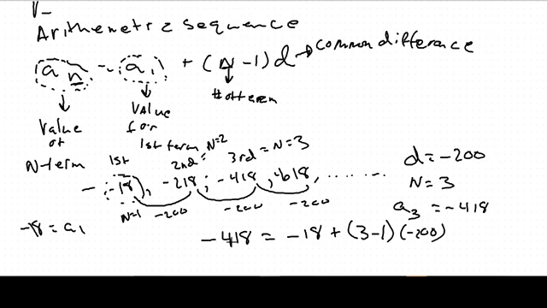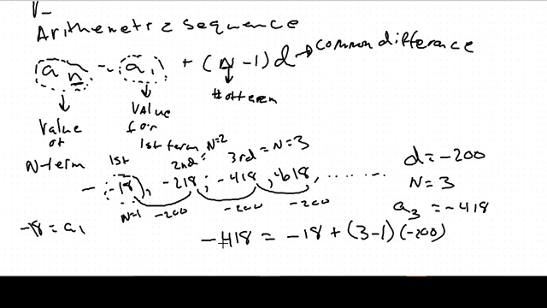Okay, so let's write this out. 3 minus 1 is what? 2. 2 times negative 200 is what? Negative 400. Negative 400 plus negative 18 is what?